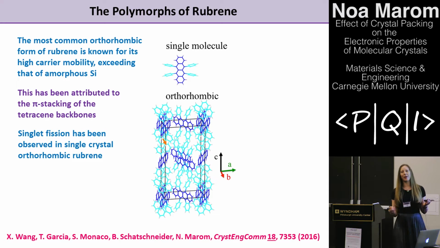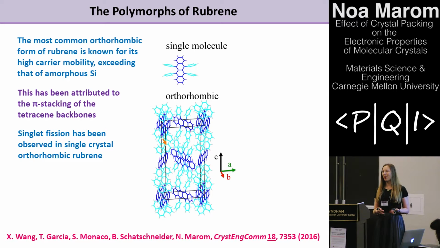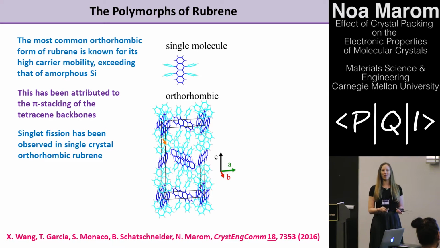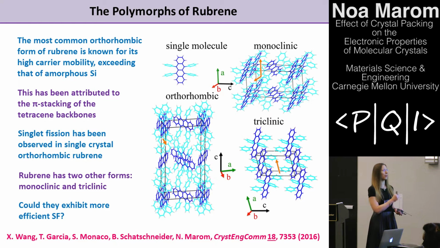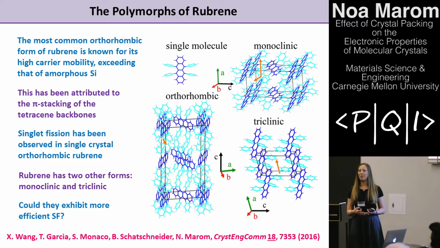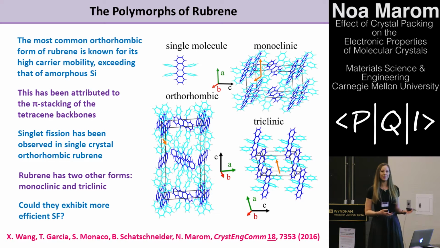However, it's not very efficient. So we also know that rubrene has two other forms, a monoclinic structure here and a triclinic structure. So the question is whether one of these other lesser known forms of rubrene might exhibit more efficient singlet fission.